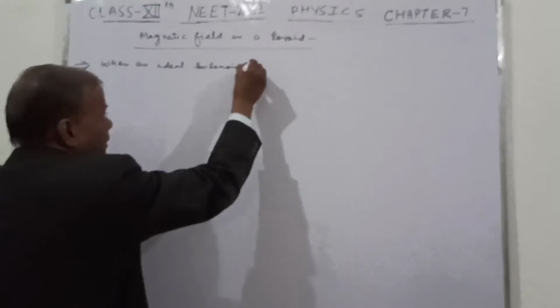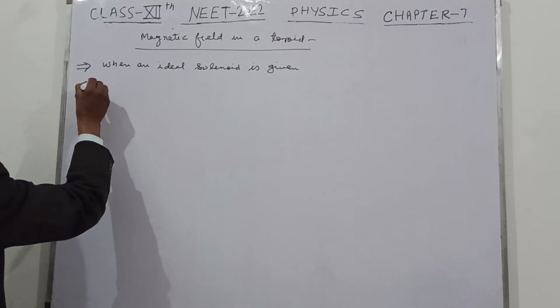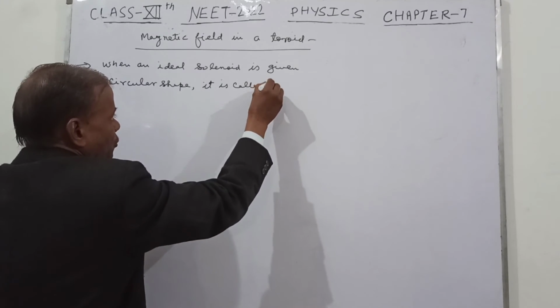When an ideal solenoid is given a circular shape, it is called a toroid.